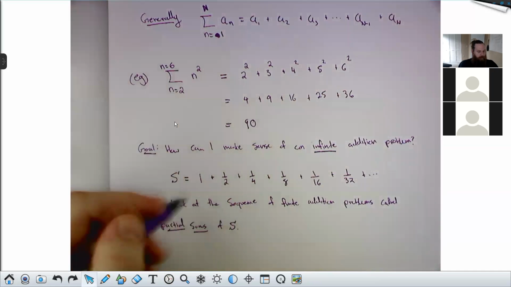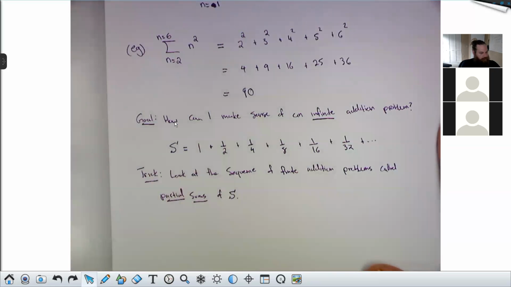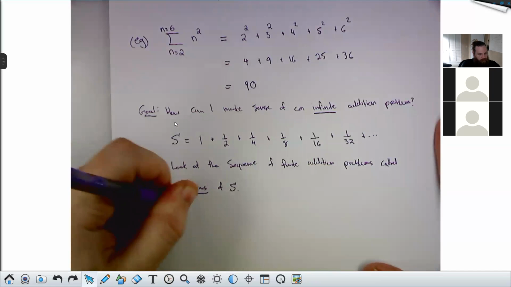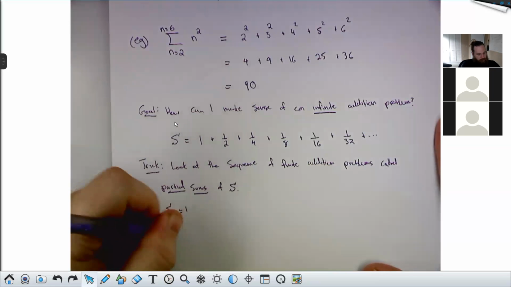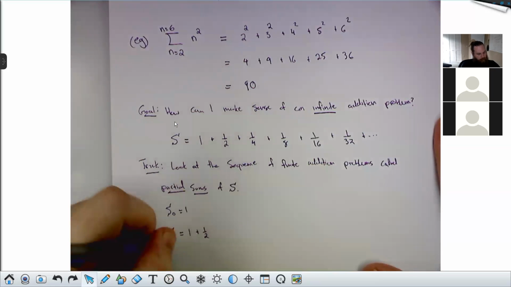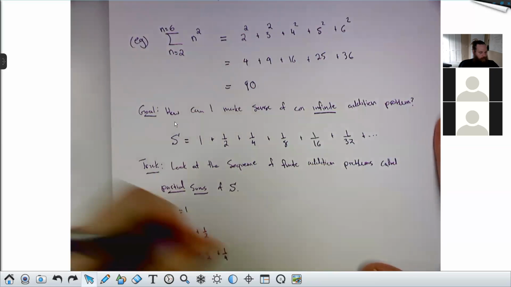So if S, capital S, is the big full addition problem, then I would say that the 0th partial sum, S0, is just 1. The first partial sum is 1 plus 1/2. The next partial sum is 1 plus 1/2 plus 1/4.